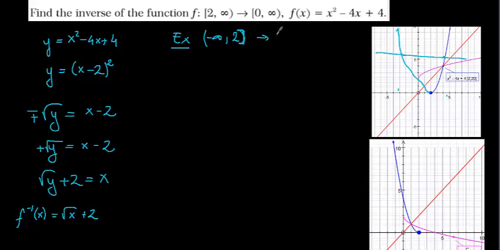Then the range is 0 to infinity. Now when you find the inverse, the f domain and range are going to be replaced. So f inverse is going to be from 0 to infinity to minus infinity till 2.